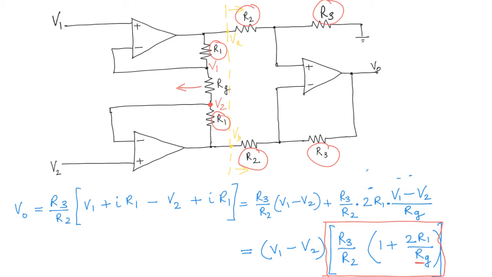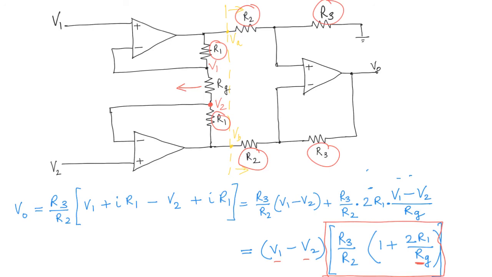We can change the gain of the instrumentation amplifier while not changing the differential properties of the instrumentation amplifier. That is, this V1 minus V2 term remains intact even as we change RG. Because both the R1s are equal, both the R2s are equal, and both the R3s are equal because they are set in a factory setting in a manufacturing process.